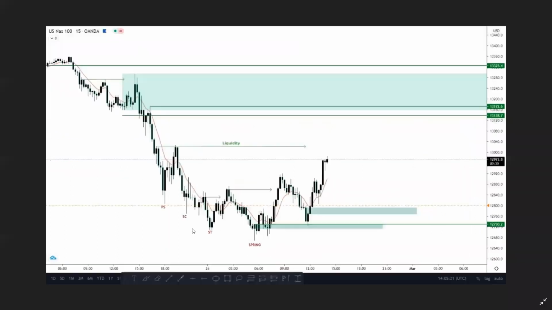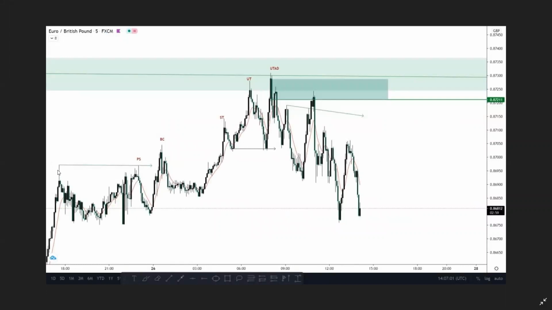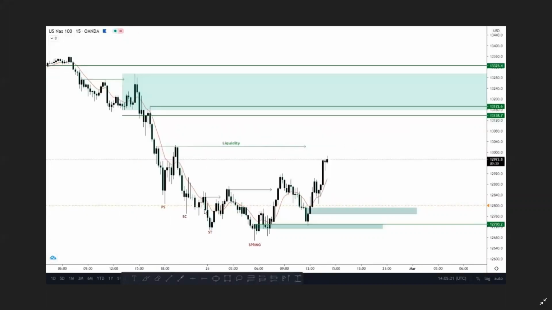So I focus on the lows in this example: PS 1, the SC 2, this level here, this SC point I highlighted, sort of equal lows to this wick right here. I could have drawn a trend line, even just this 1, 2, that would be my SC level. Same way I did it here with the PS, on the same level. And then we have the SC, and then finally we have the spring.